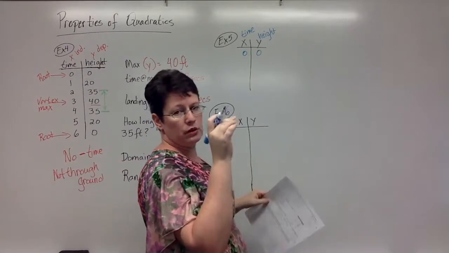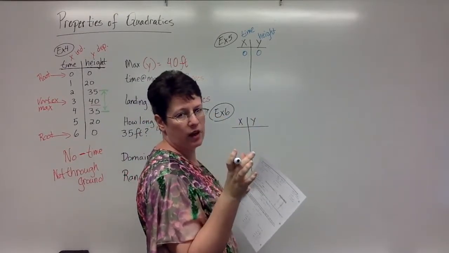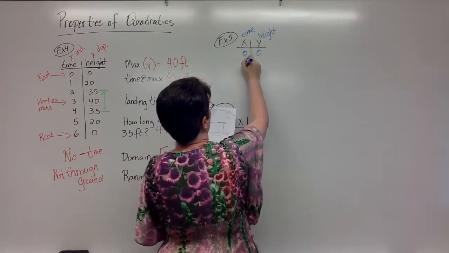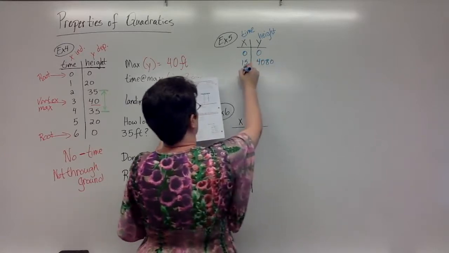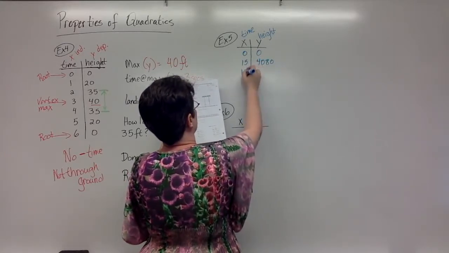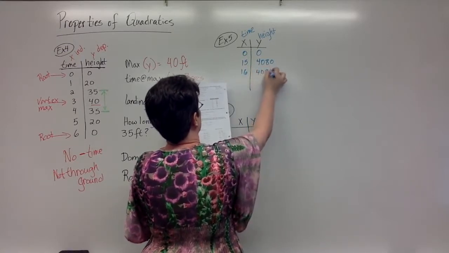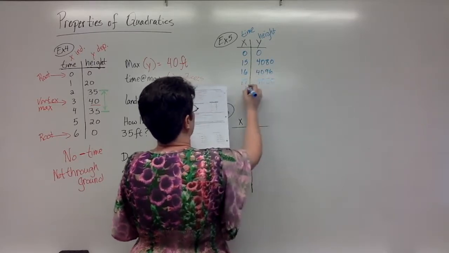Now I'm going to scroll down until I see the highest y value. I'm looking for that highest y value. So I got really close, and at 15, it said 4080, so 4080. At 16, my y value was 4096, and at 17, it went 4080.